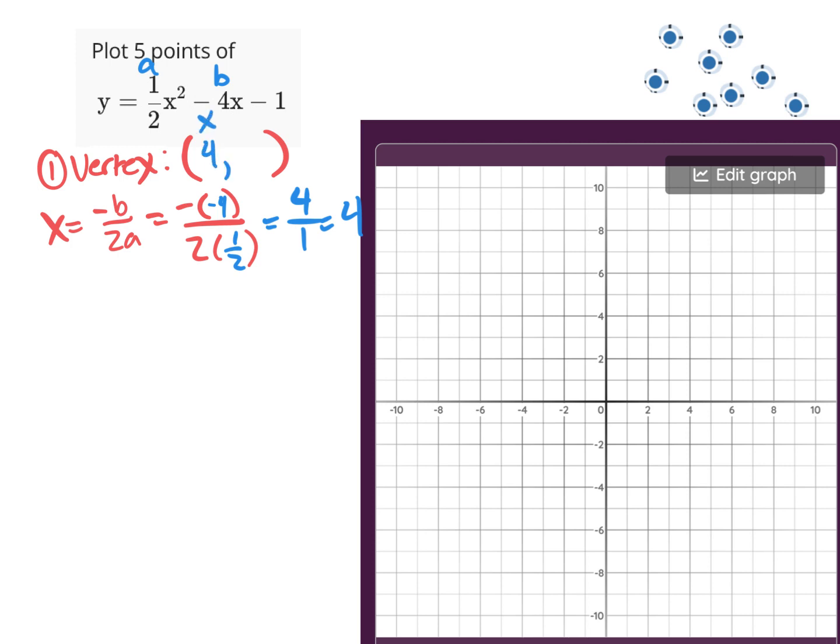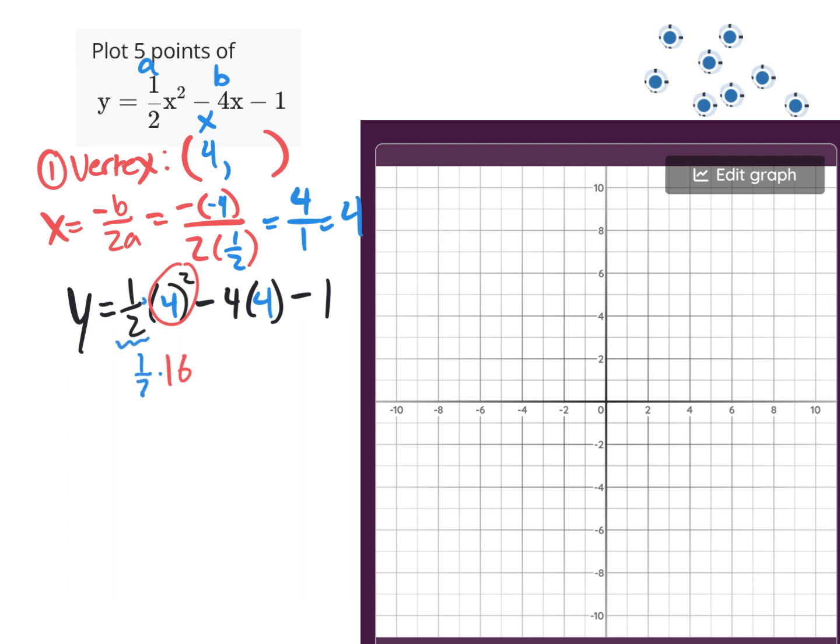You still need the y. All you have to do is plug it in. How do you do that safely? Just rewrite the entire equation, but instead of x's, put parentheses. Y equals 1/2 x squared minus 4x minus 1, and plug in that 4 right there and right there. You do the math, start with exponents first. 4 squared, that would be 16, but you still need to multiply it by the 1/2.